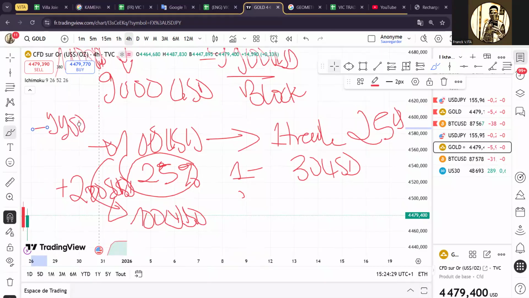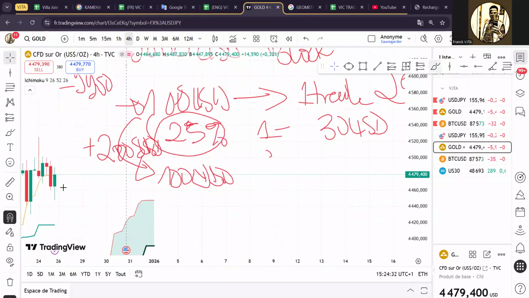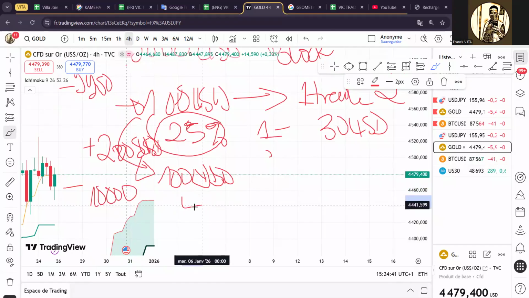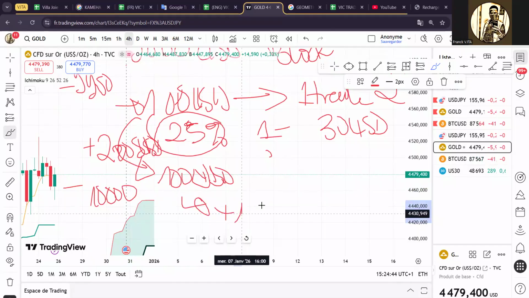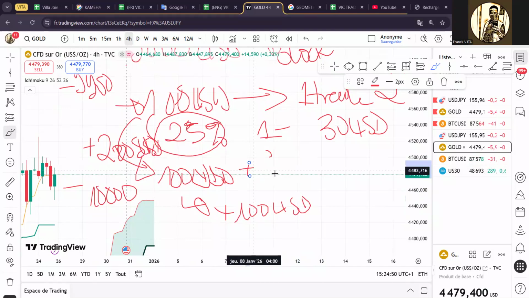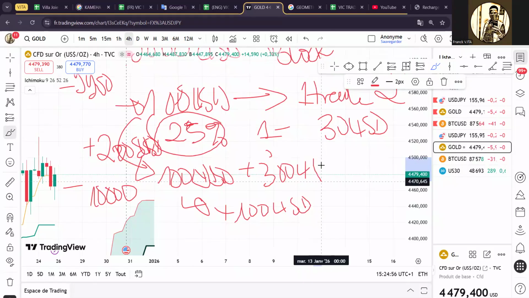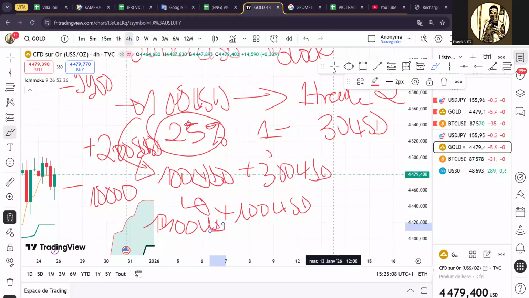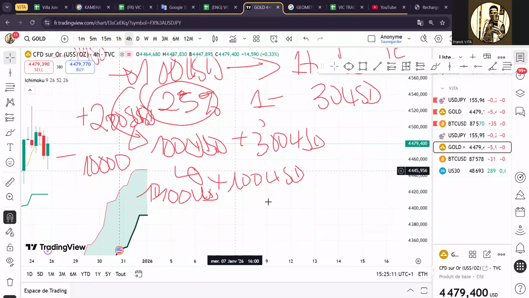As soon as I make $100 more, then I block my account at 10,000. Then when I make another $100 more, it means I've earned $300, and I now block 10,000 and $100. So that's how I block the amount of money by stage.